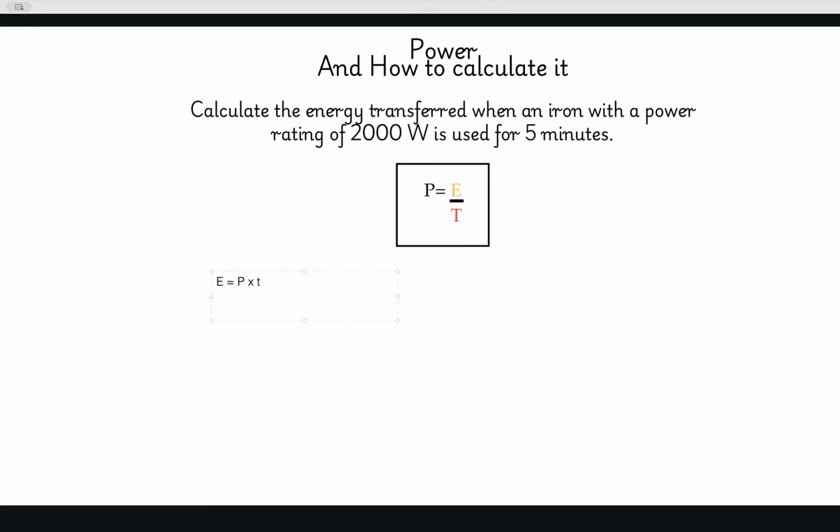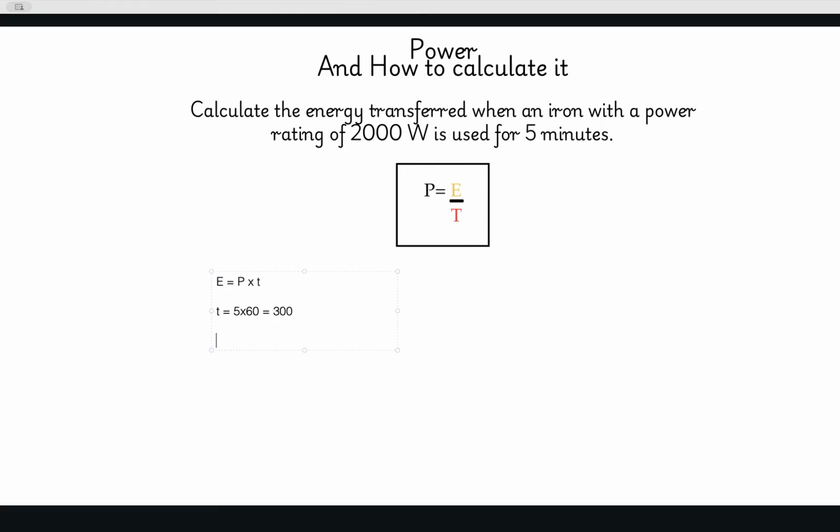And then we need to convert our time into seconds because right now it's in minutes. So we need to do 5 times 60 to put that in seconds. So our time is going to be 5 times 60 to put 5 minutes into seconds. So that's 300 seconds.